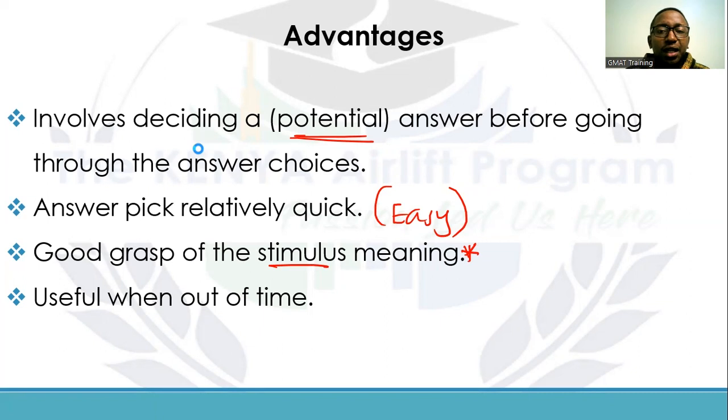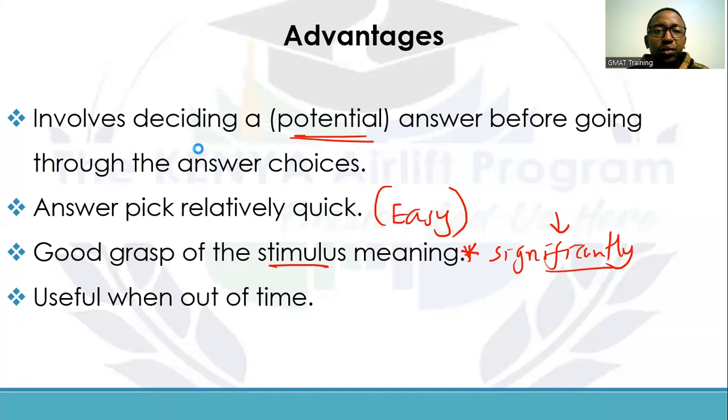That is, if say you understand the meaning of a stimulus but miss say a word like "significantly," and then this becomes important now when you're answering the questions.